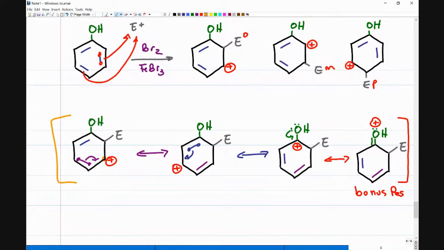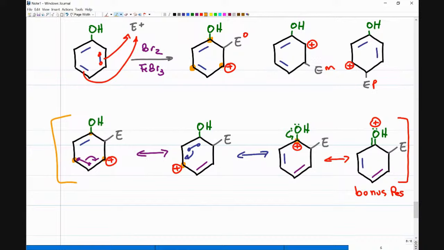Notice it went from here to here to here, except when we had the bonus resonance, but on the ring, here, on the ring, here. So if we go back to this version of it, if the carbocation forms here, it can only form here and here. That's really important.